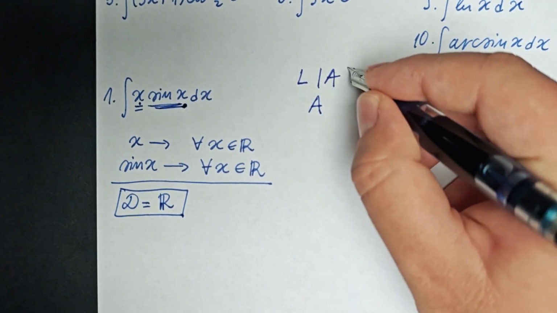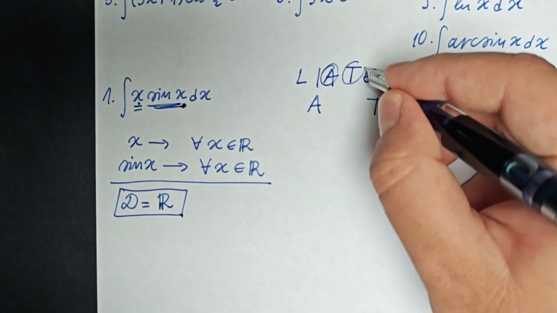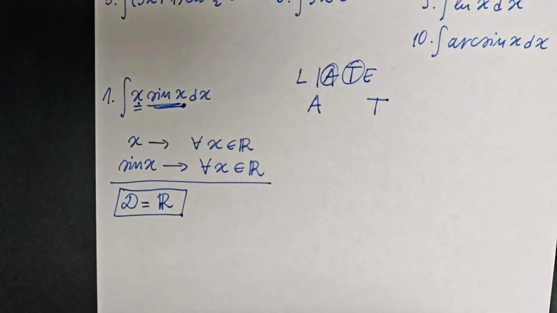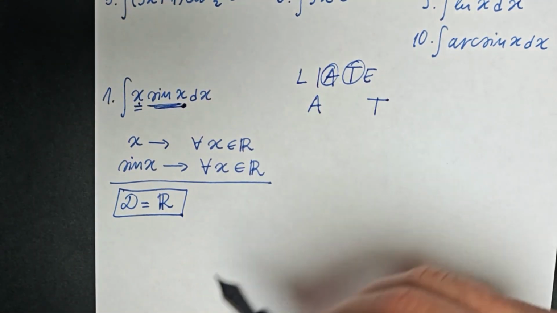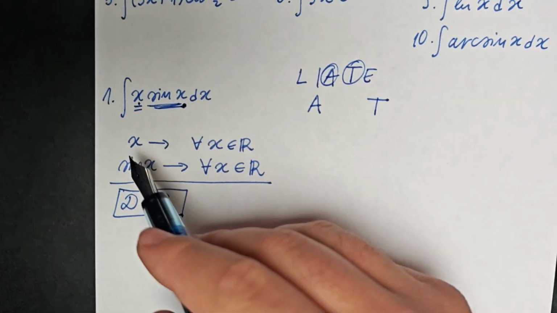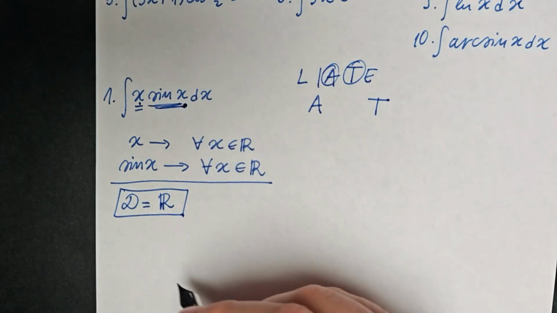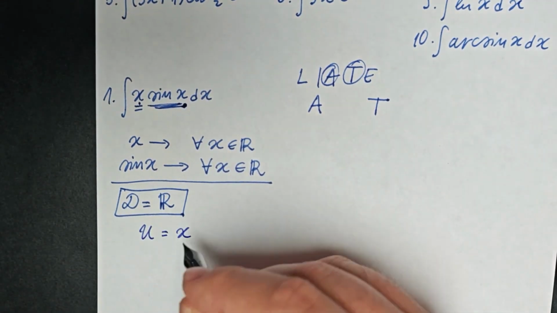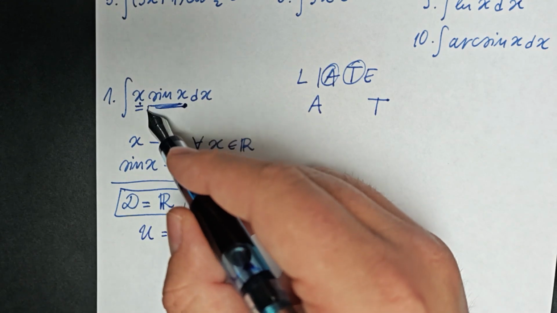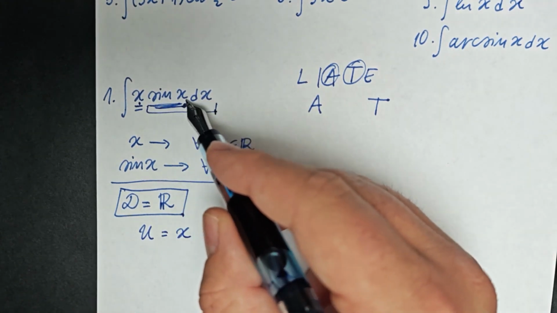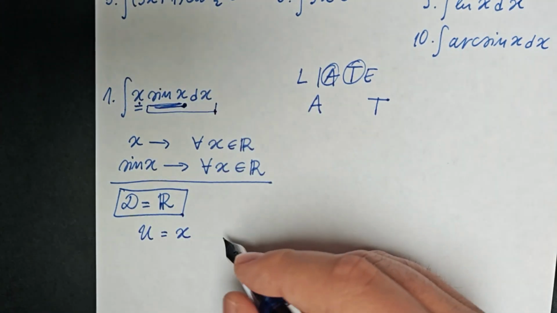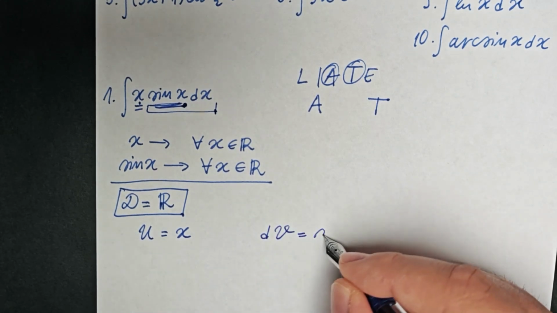Remember, LAIATE trick. A is before T. So we are going to pick for u that algebraic part which we have in our integrand. So u is going to be x. Everything that remains, sine x dx, is going to be dv.